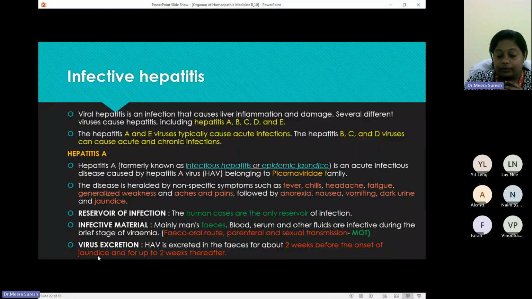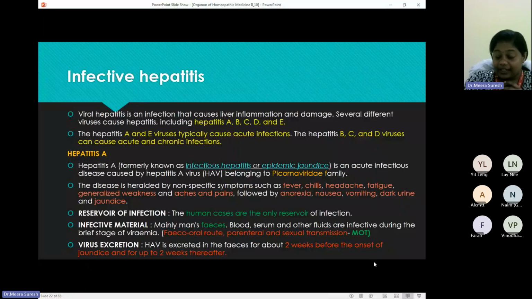So you understand, even before we know that the patient has hepatitis, he has the capability of spreading the disease. Once the jaundice appears, we get cautious, and after that we could isolate the patient and prevent the transmission.